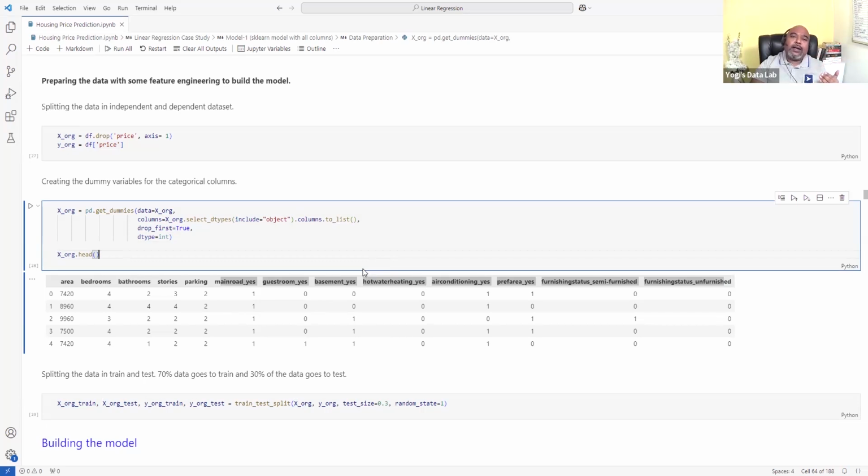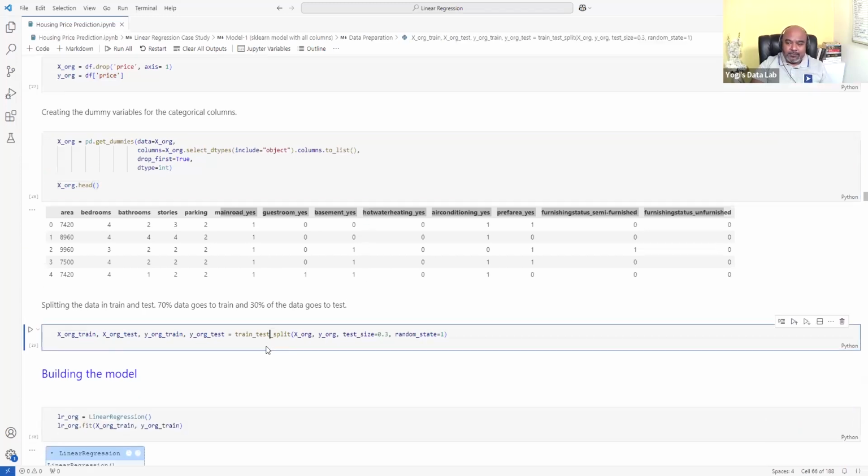And I will go ahead and split the data into train and test. So let's split it. When I'm splitting the data into train and test, I have used 30% of my data, which goes into the test, and 70% of my data, which goes into the train. I'm also using random state. Random state is more like setting the seed. The reason why I'm using random state is because whenever you split the data, every time it does a random sampling.